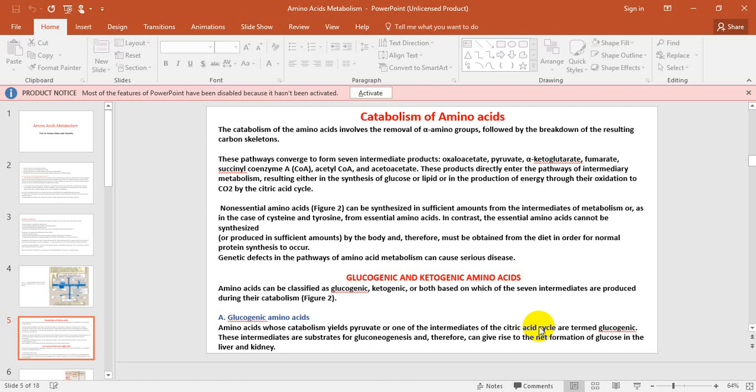Each cycle of the Krebs cycle yields 12 ATP units.